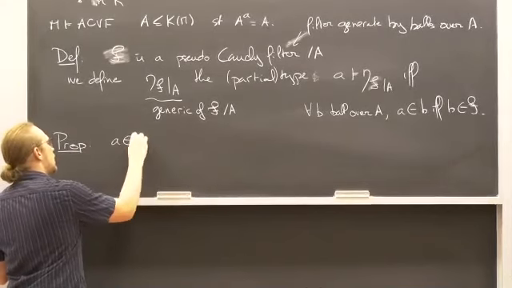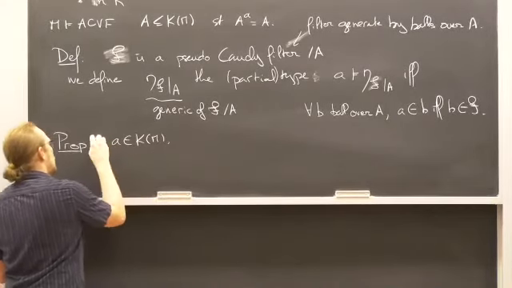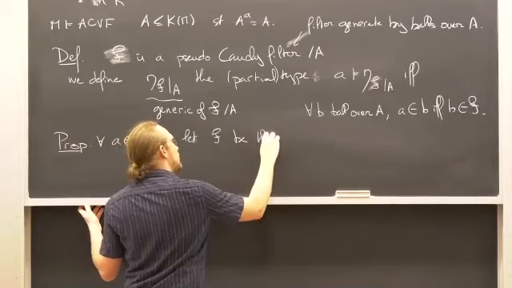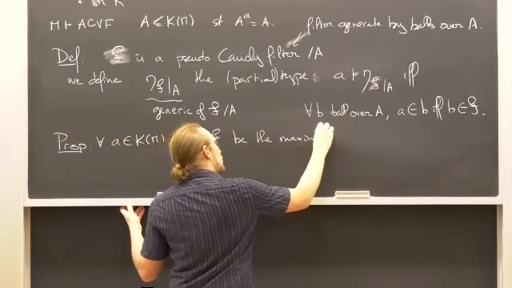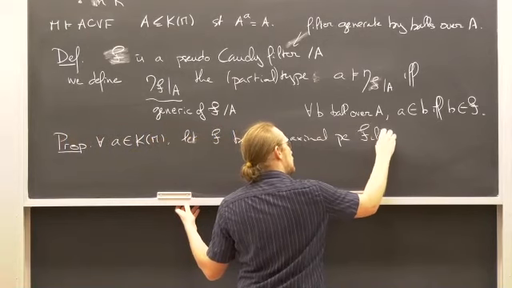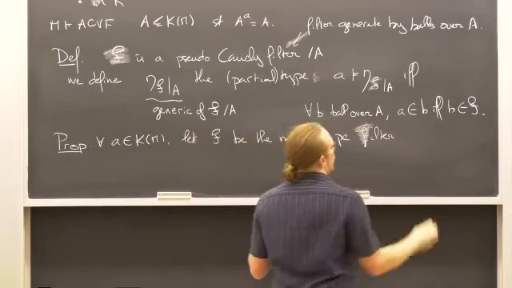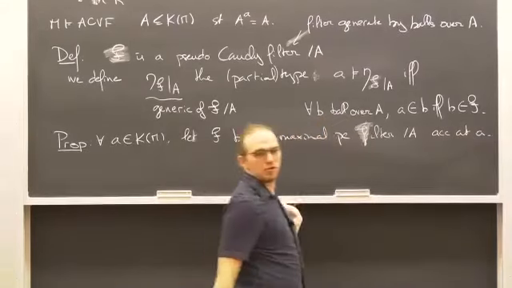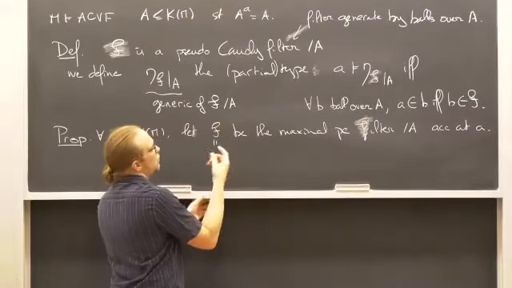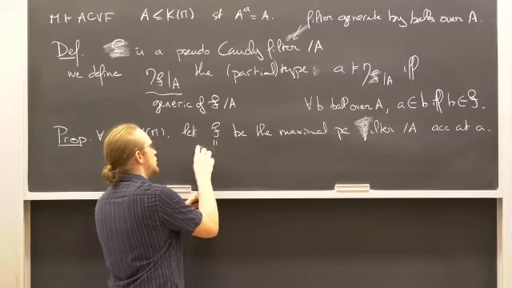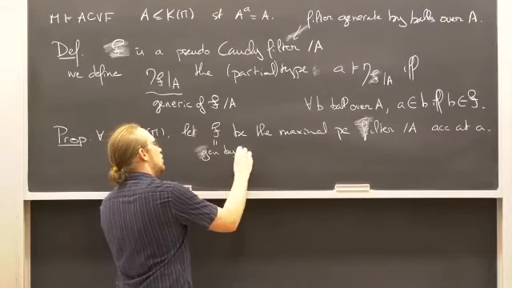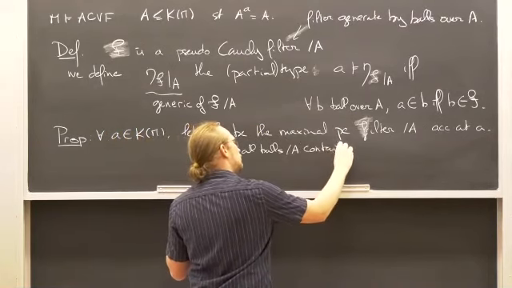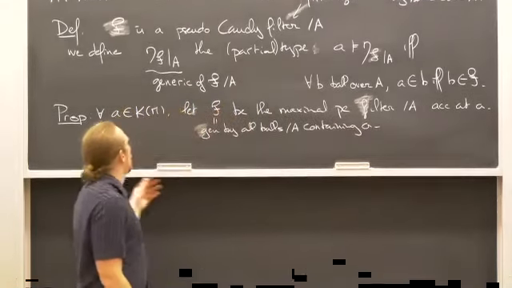So take a in K of M, and let F be the maximal pseudo-Cauchy filter over A accumulating at a.